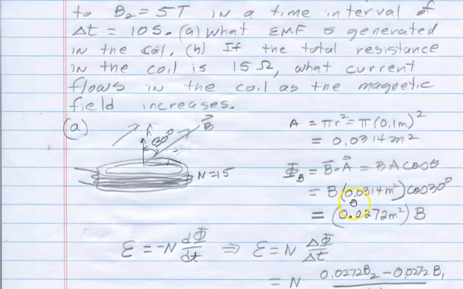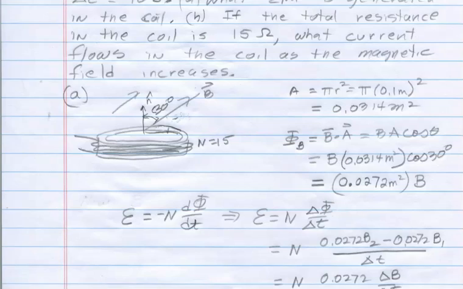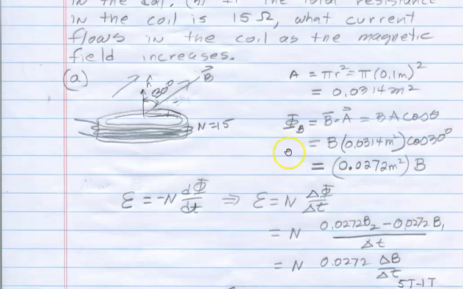We can plug in the relevant numbers, the area we just calculated. The angle between the normal and the magnetic field is 30 degrees. And when I plug those numbers in here, I got that the magnetic flux for any B strength, magnetic field strength, was this value here, 0.0272 square meters. And now I'm ready to use Faraday's law.